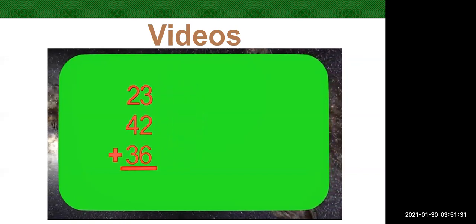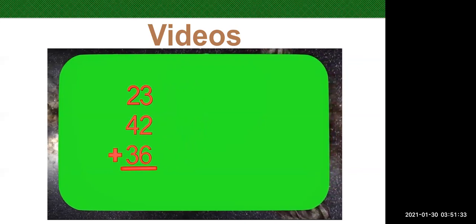Now this can look a little bit scary at first, but we are going to look at a few different methods of adding these numbers. The first method we are going to look at is sometimes called the break apart or expanded form method. This method uses what we know about expanded form. We will take the value of each of these digits and then add them together.